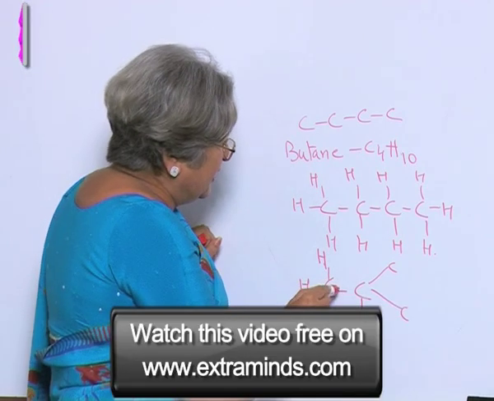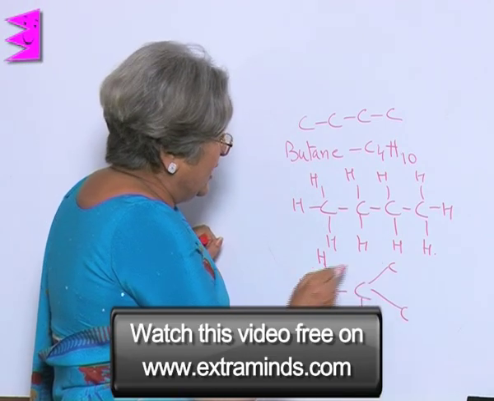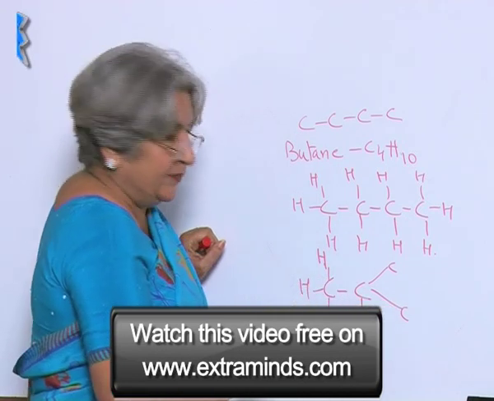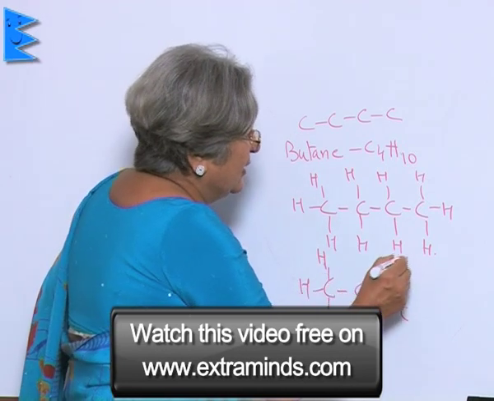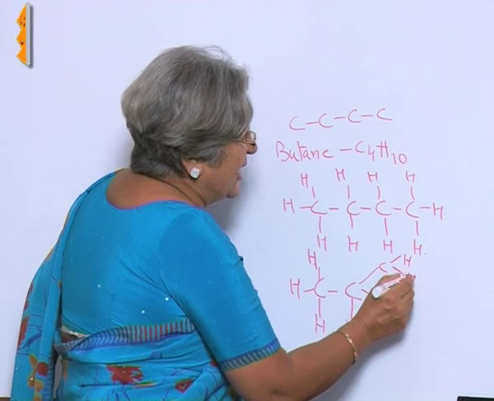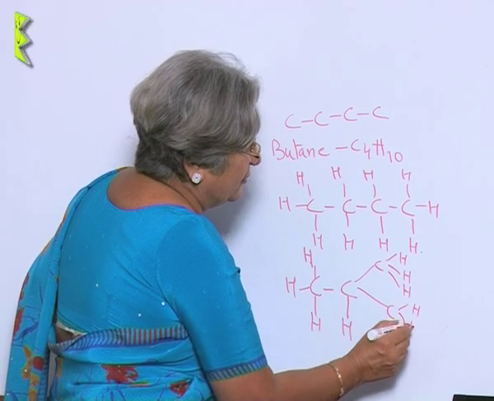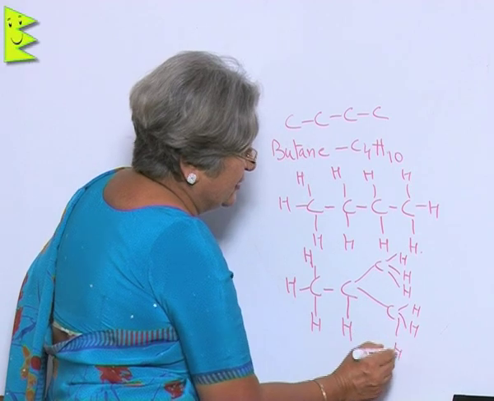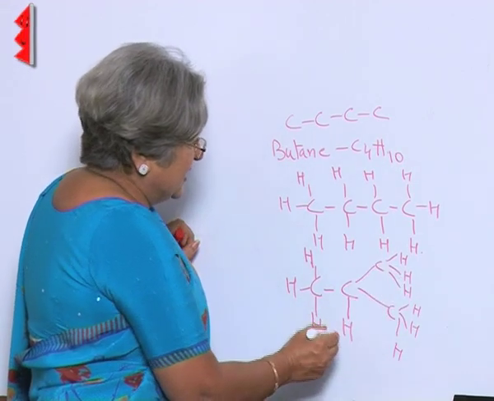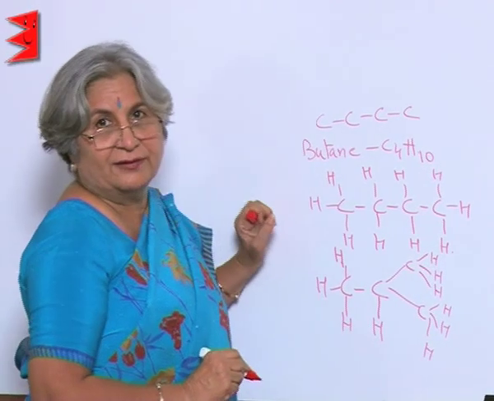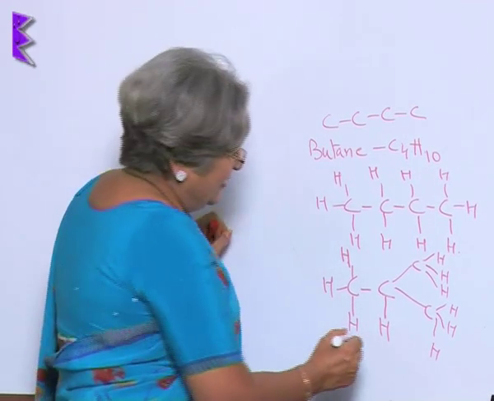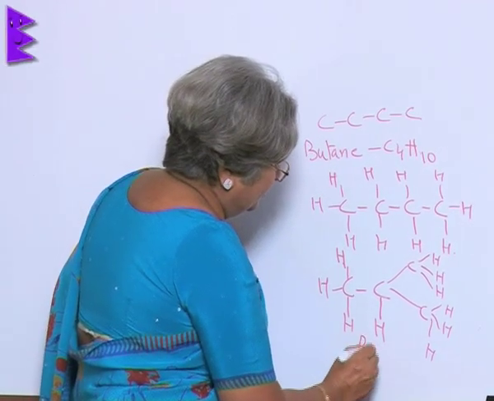Because it is getting 3 electrons from 3 carbon atoms. So, only 1 is required. This carbon atom will be attached to 3 hydrogens and this will also be attached to 3 hydrogens. So, 3 plus 3 is 6, 7, and 3 is 10. Now, what is this structure? This is branched.